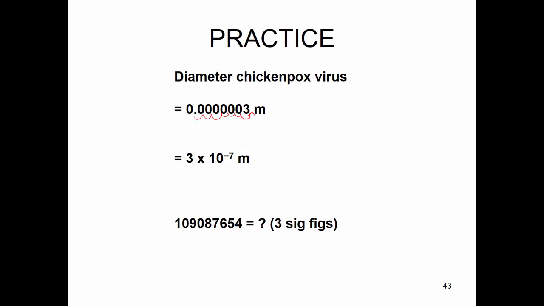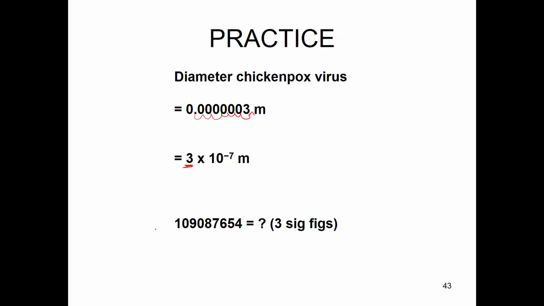We have a negative exponent because we moved to the right and it's a small number. Then we only have one sig fig, so all those zeros are not significant because they're leading. The 3 is the only significant digit. This is just the exponential part, and then meters, of course, we have to have our unit.